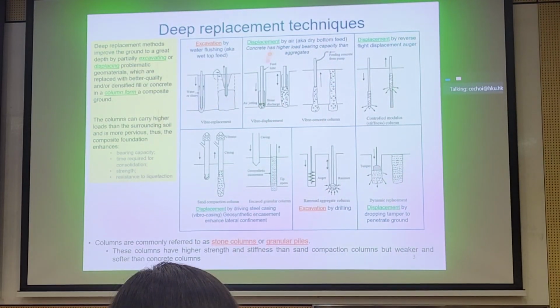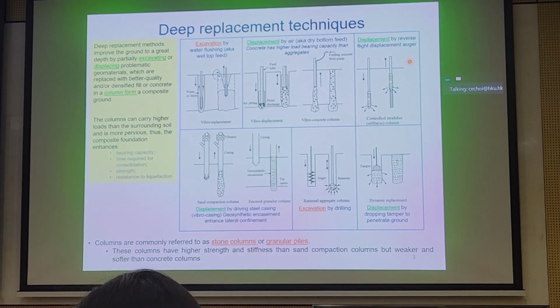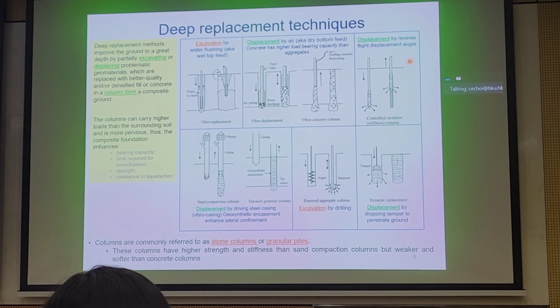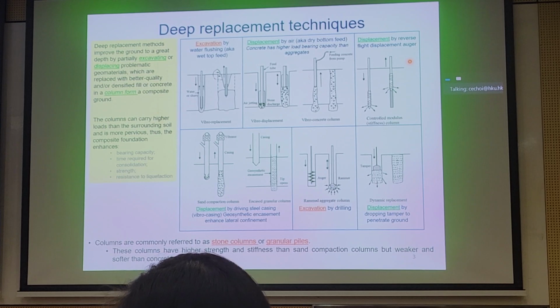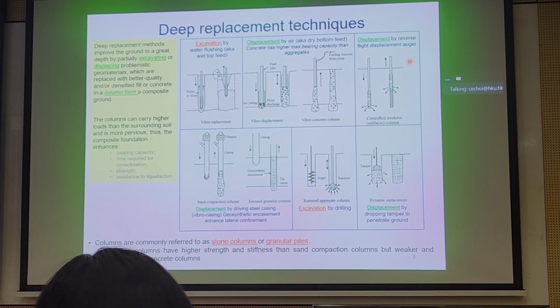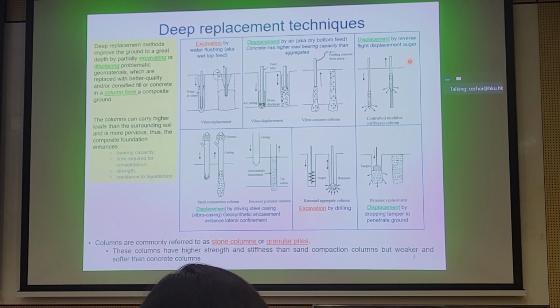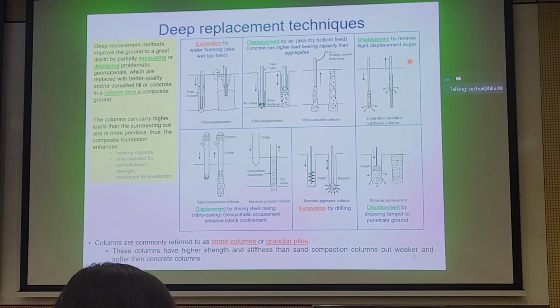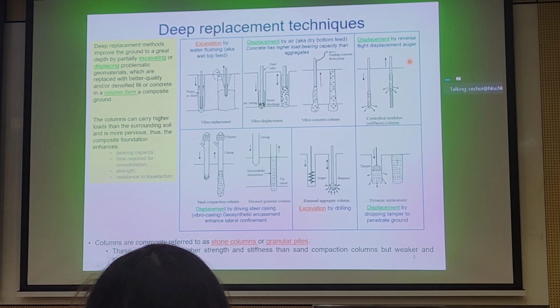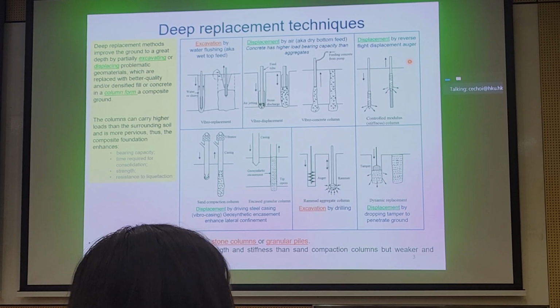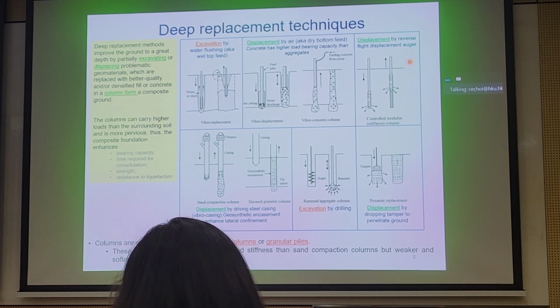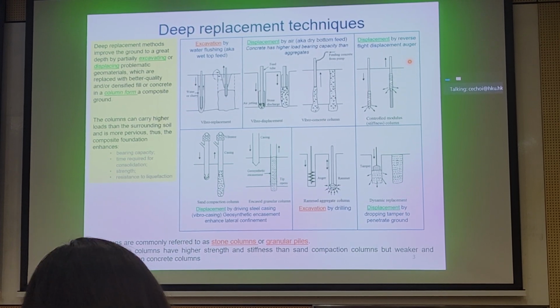Aside from vibro displacement and vibro concrete columns, we also have something called displacement by reverse flight auger. The reverse flight auger is not really a cylinder. It's essentially an auger that can spin in two directions. When it spins in one direction, it can be used to ream, and if you spin in the other direction, you can basically extract the soil that's stuck to your auger.